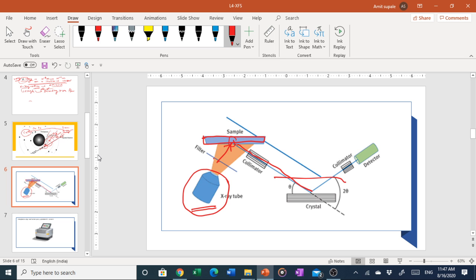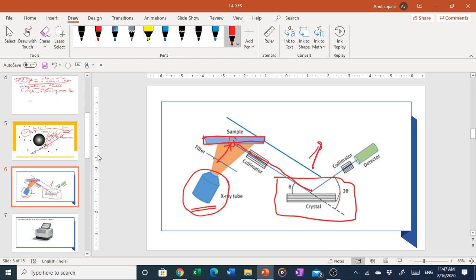Now why is the crystal used? For diffraction. The X-rays get diffracted at various angles on the crystal, and monochromatization and dispersion can be achieved, because different wavelengths get diffracted depending on the characteristics of the particular sample.